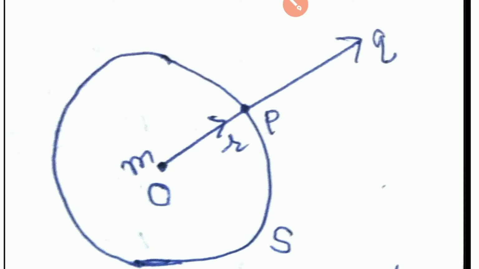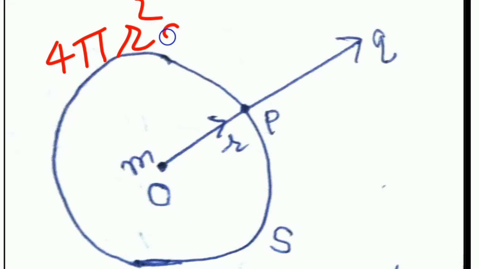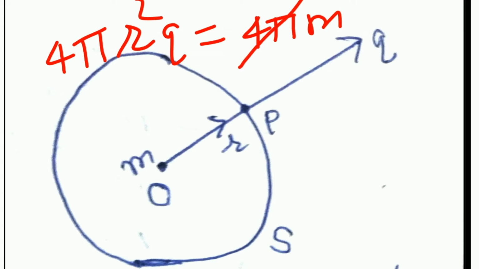We have 4 pi r square q is equal to 4 pi m. So this will be cancelled, and m is equal to r square q.